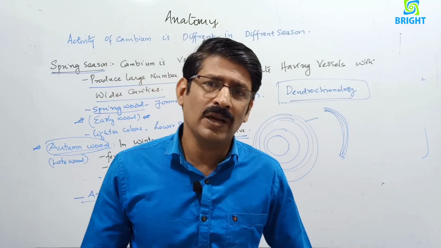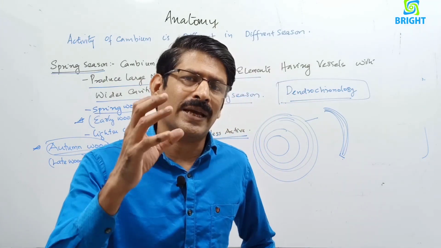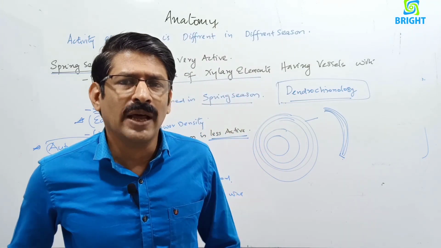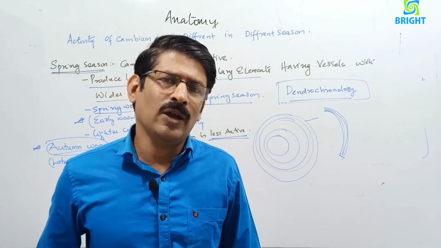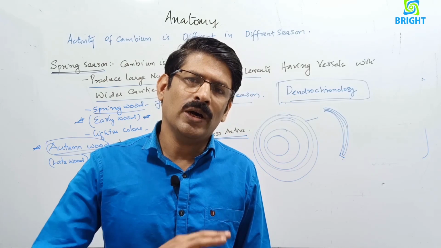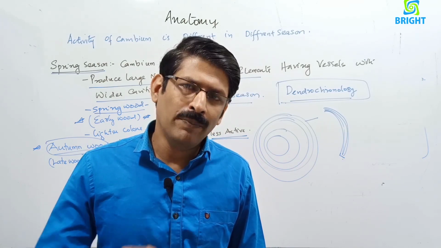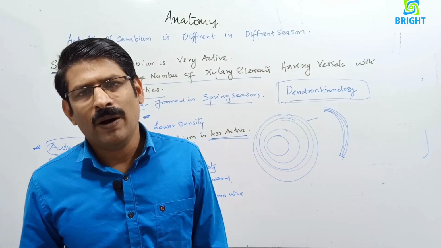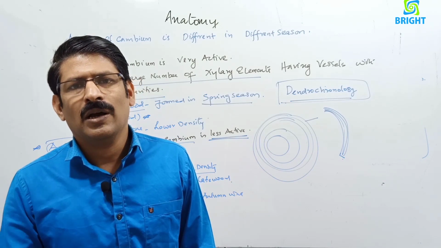So what about the cambial activity? Cambial activity is different in different seasons. Cambium is a secondary meristem and it is present in dicot plants only. So only in dicot plants can we see the annual rings, not in monocots. When you cut a palm tree or date palm, any palm, we cannot get the annual ring.